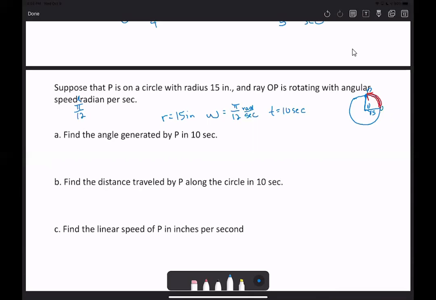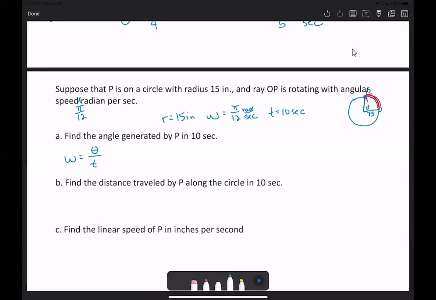To find the angle, our best option with the information given is the formula omega equals theta over t. Since we need theta, we solve for theta and get omega times t. So let's substitute. Theta equals pi over 12 radian per second times 10 seconds.